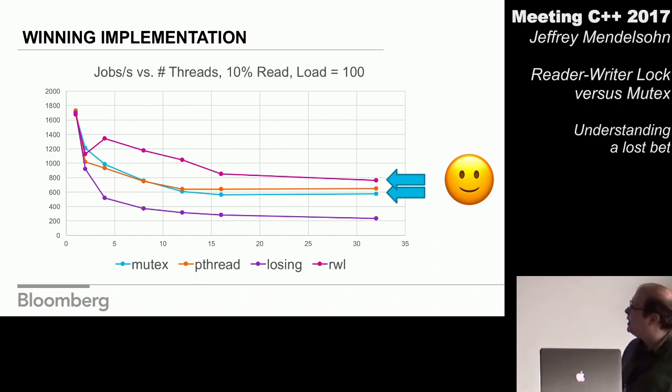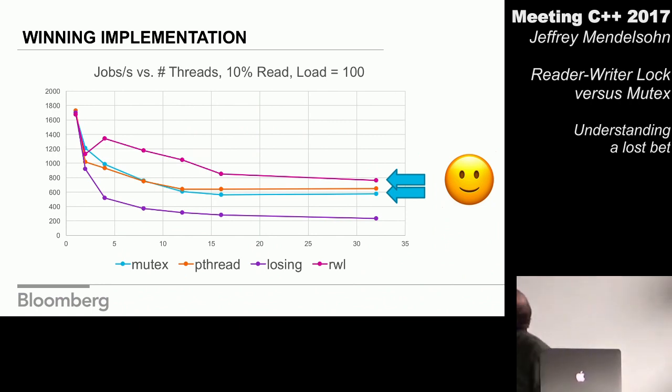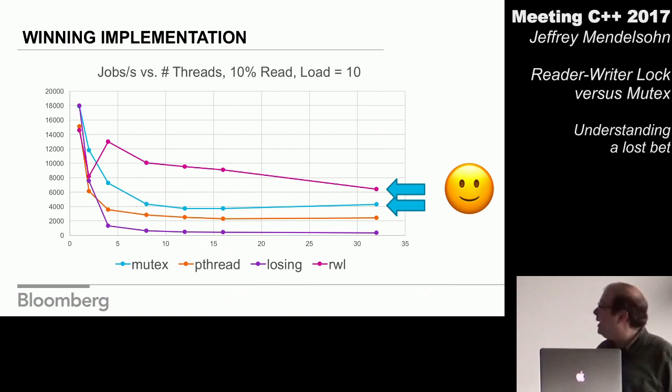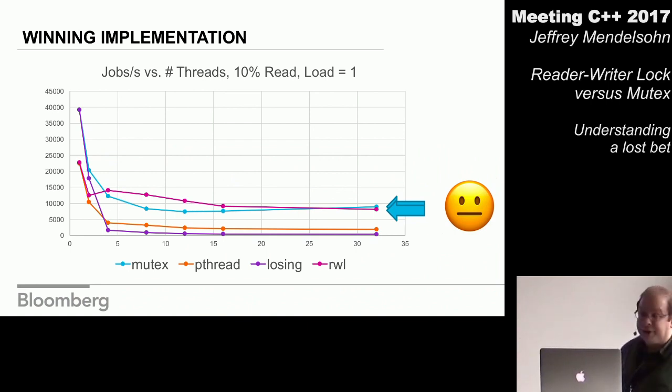Even with only a 10% read workload, this new implementation is outperforming the Mutex, whereas the other implementation is not, and pthreads is not as performant as we are. At a very short hold time, we're again outperforming Mutex, even with only 10% reads. And at the ridiculously short hold time, we're kind of matching. So there's no issue with the low read workload is what I'm getting at.